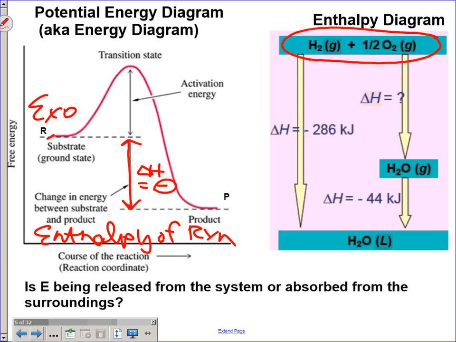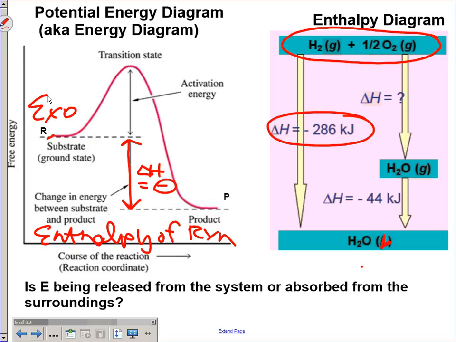H2 and O2 yield water liquid, which is hard to see, but that's an L there, or H2 and O2 yield water gas. Well, this bigger drop in energy to negative 286 kilojoules is the biggest change of energy from the gaseous state to the liquid state, because the liquid state is of different energy than the gaseous state of water. So there's a bigger drop in energy because liquids have lesser energy than gases.